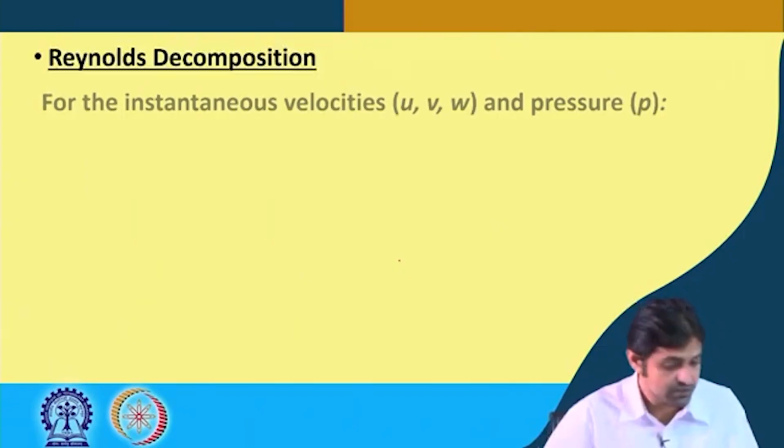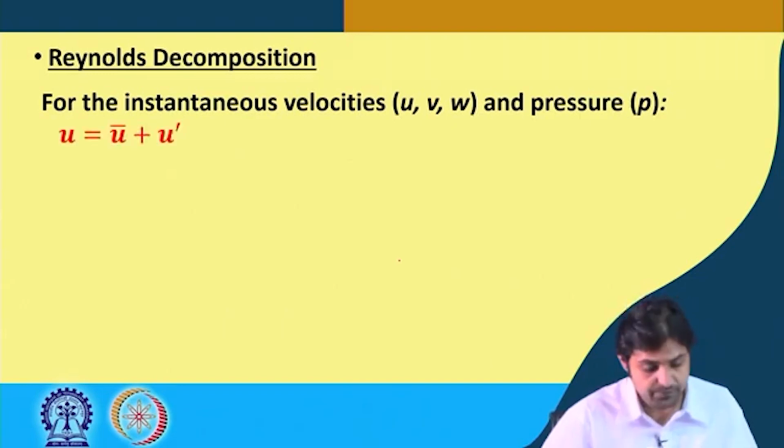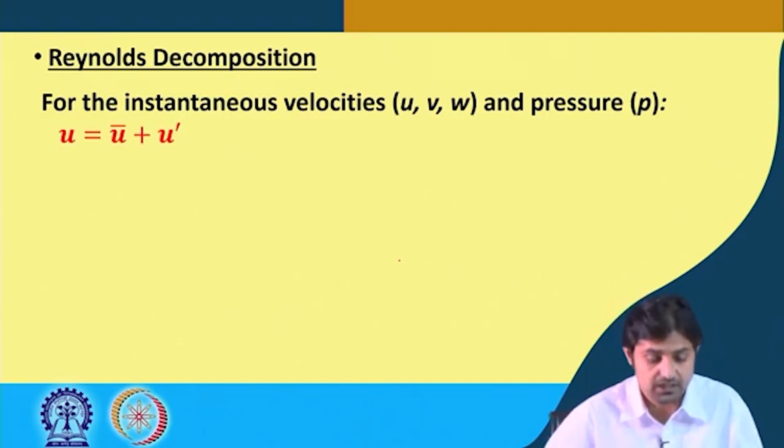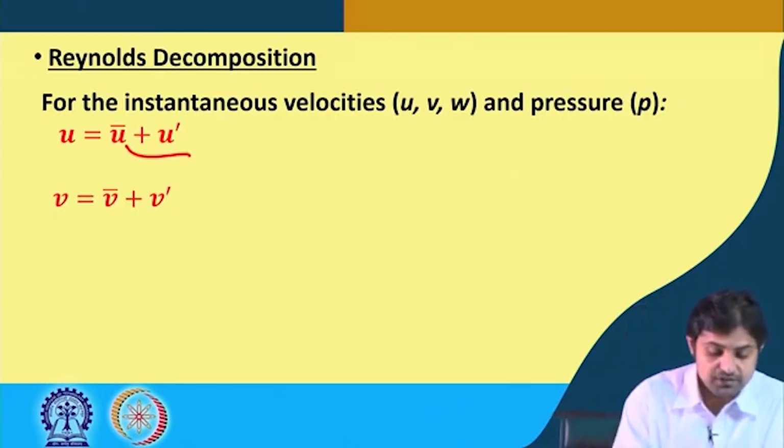So what is Reynolds decomposition? For the instantaneous velocities u, v, w and the pressure P, u can be written as u bar plus u prime, and v is written as v bar plus v prime.